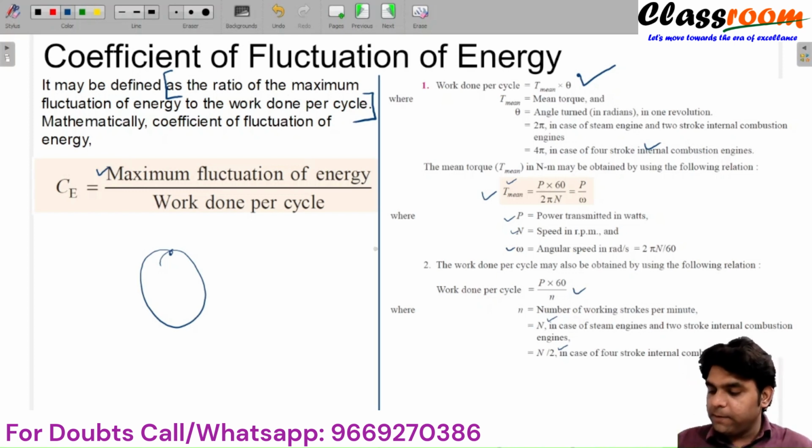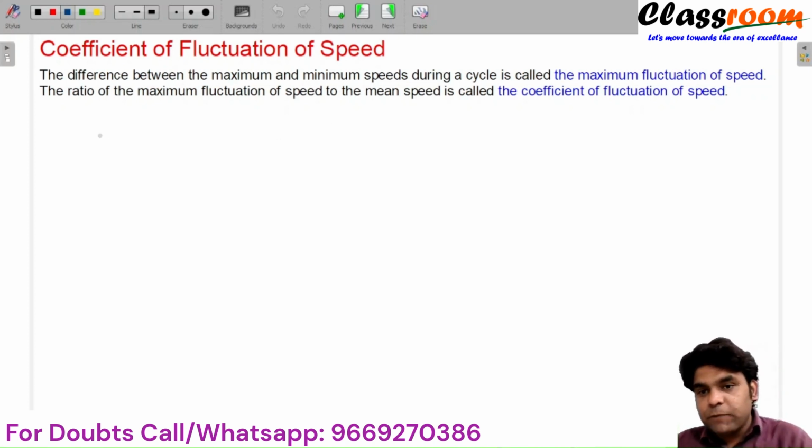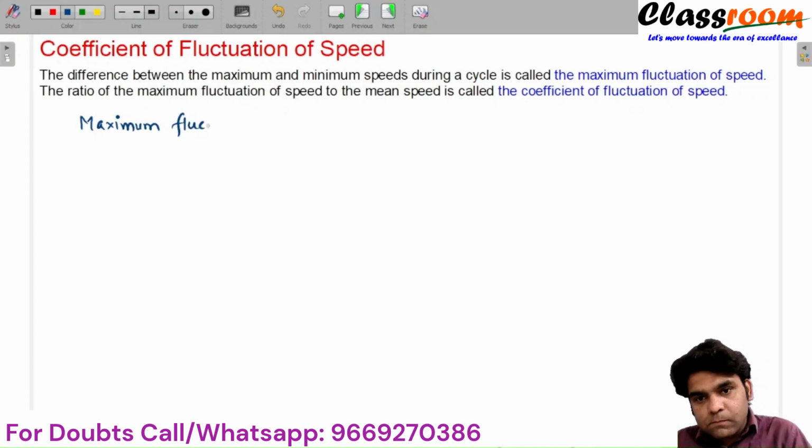Now we will see the coefficient of fluctuation of speed. The difference between the maximum and minimum speed during a cycle is called the maximum fluctuation of speed. So maximum fluctuation of speed equals N max during a cycle minus N minimum during a cycle.